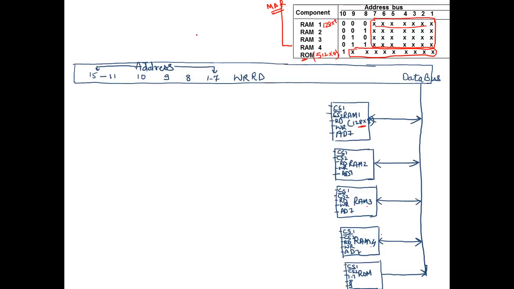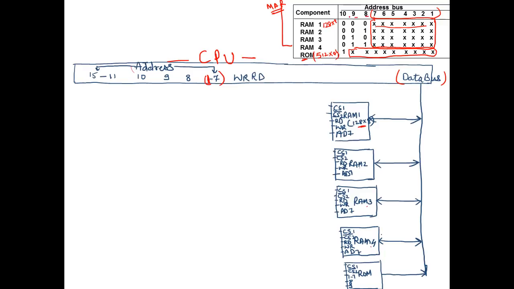So what I did is, this is nothing but the CPU. This is the CPU representation. The CPU has the data bus and the address bus. The address lines, let's suppose, 1 to 7 will be the common lines, so I have simply written it as 1 to 7.